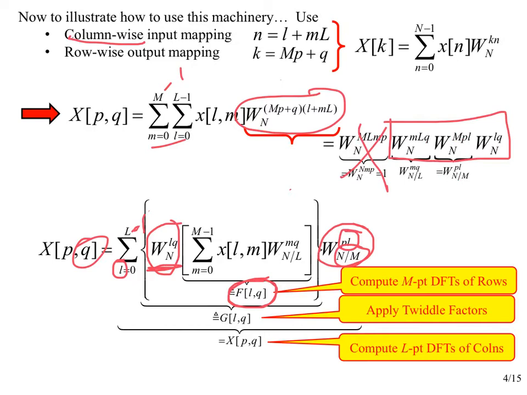So we're doing an L point DFT down the columns. And all of that computation gives us all of the correct DFT points, just indexed differently. So indexed in a column form, or in an array form rather than as a vector.